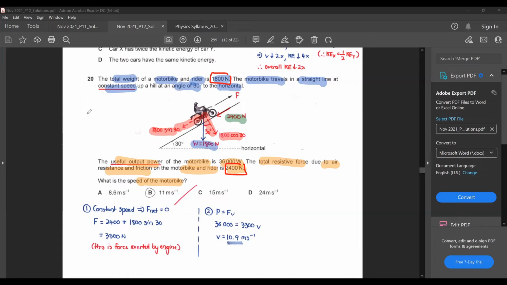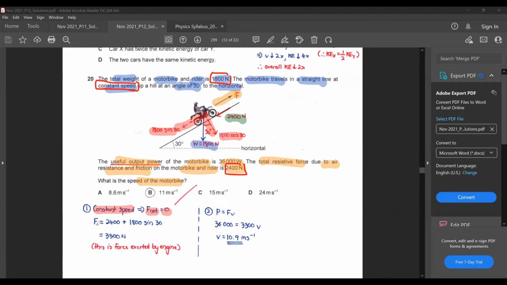Okay. Now, your motorbike's engine is exerting a force to allow you to move up. This one is your F here. Okay. Now, one of the things that you should be able to identify is that they mentioned to you that your motorbike was moving up at constant speed. Constant speed means no net force.